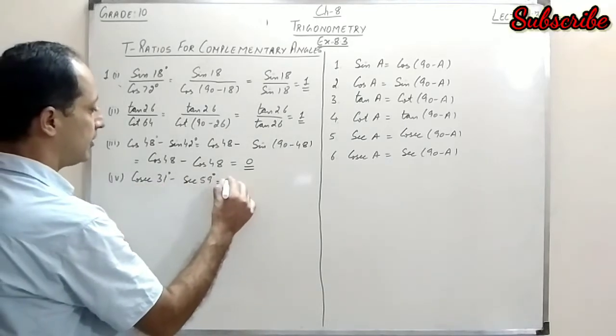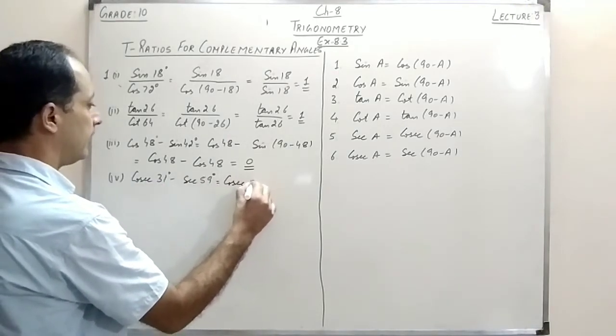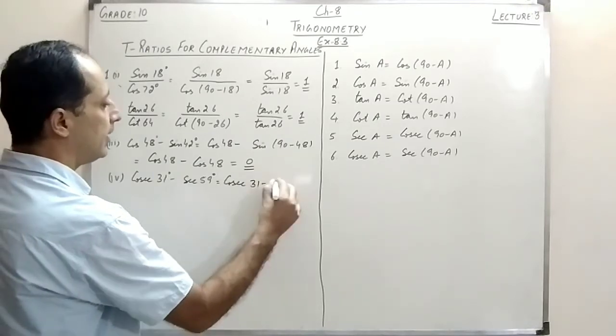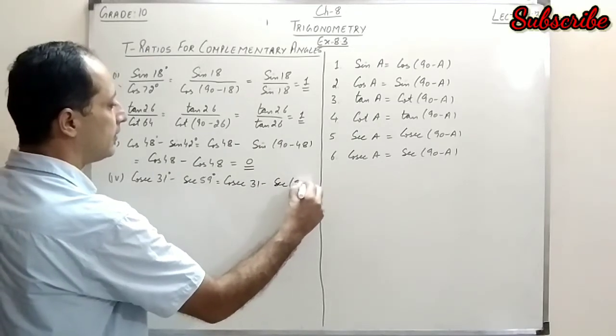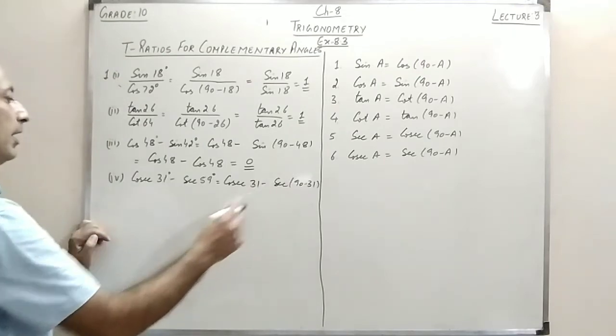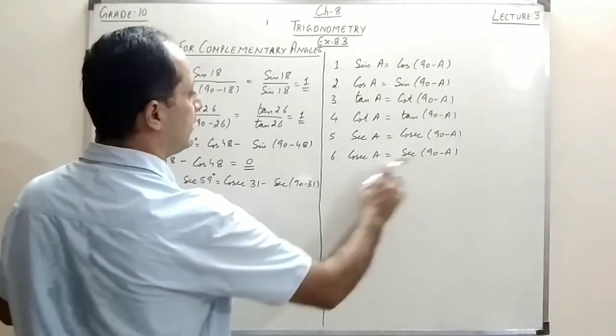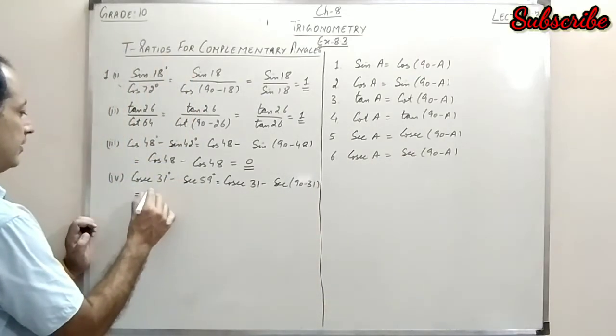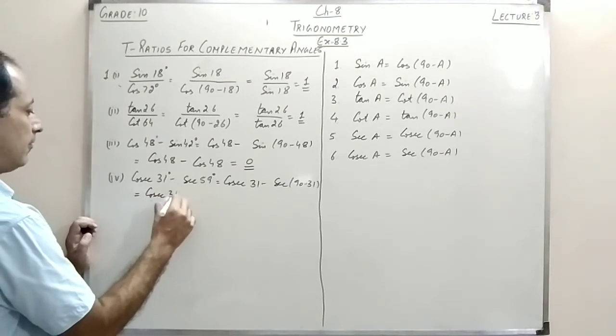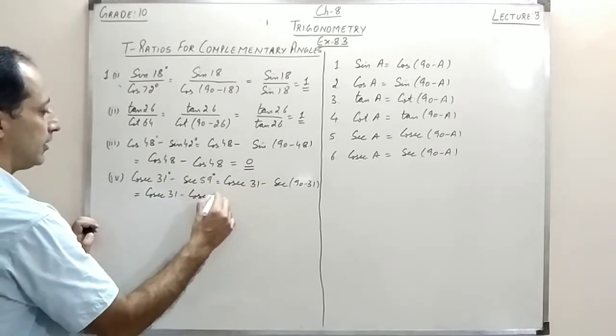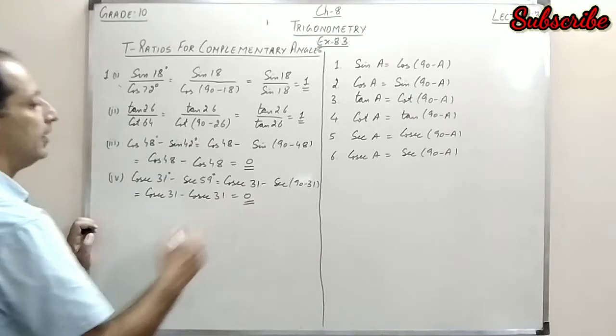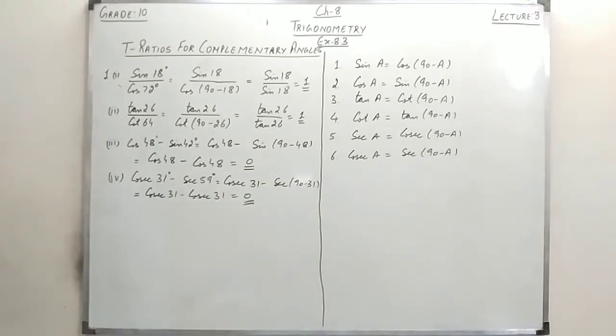So I can write it as cosec 31 minus secant of 90 minus 31. Now, I know sec 90 minus A is cosec A, so I write it as cosec 31 minus cosec 31 and I get the value as 0. Quite simple questions. Let's go to the next question.